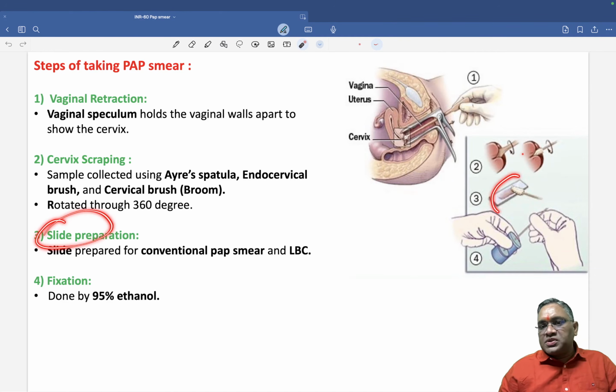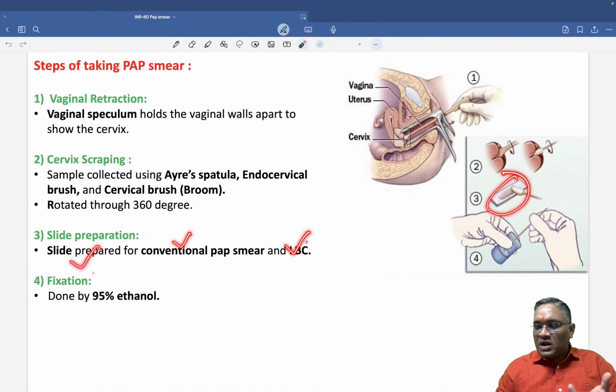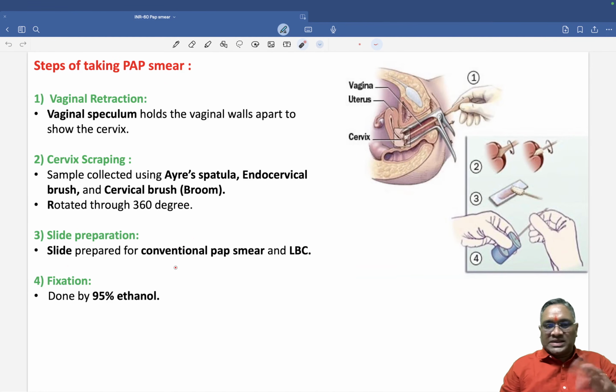Third step is slide preparation. First step, vaginal retraction for visualization of the cervix. Second is taking the sample by cervix scraping or sampling. Third is slide preparation, for conventional pap smear or liquid based cytology; we will discuss both later. And then we use fixation.